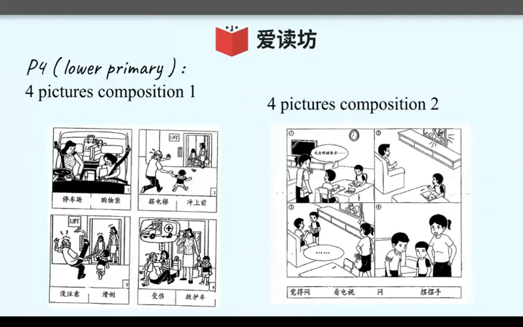So these are the examples of P4 composition. We can see that there are 4 pictures for lower primary composition. Sometimes the reference words will just match with the picture, just like composition 1. But sometimes students will match by themselves, like composition 2.